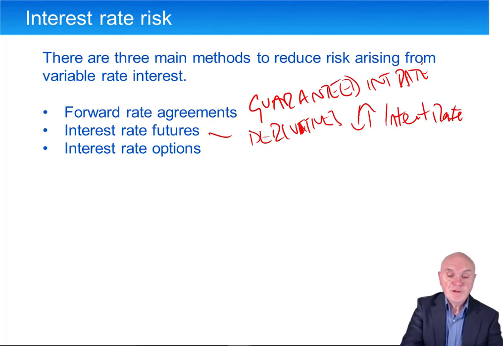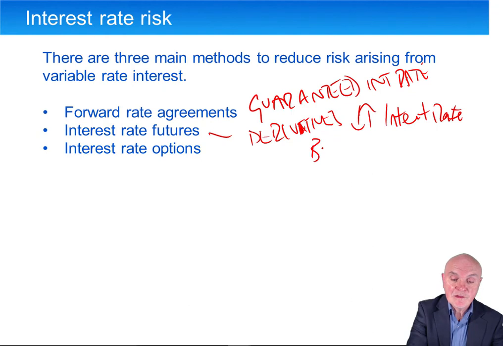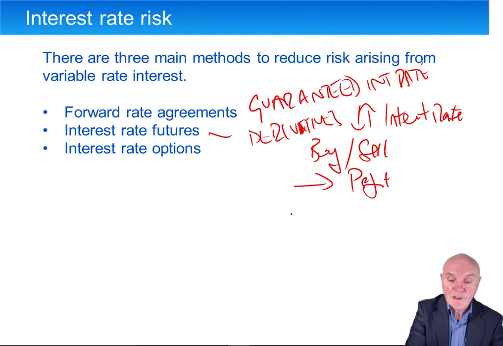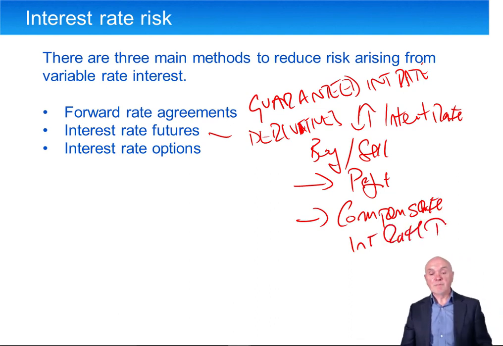And again, what you can do is you can buy and sell these futures, so that you could make maybe a profit on the futures, which is maybe going to compensate you for interest rates going up, if you're trying to borrow money. So it's a way of essentially getting back to a kind of guaranteed interest rate.